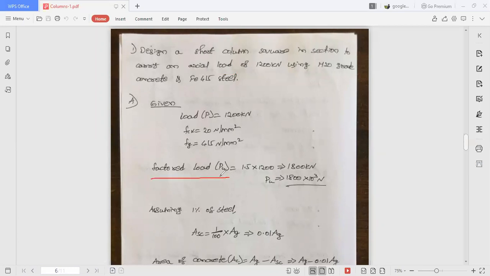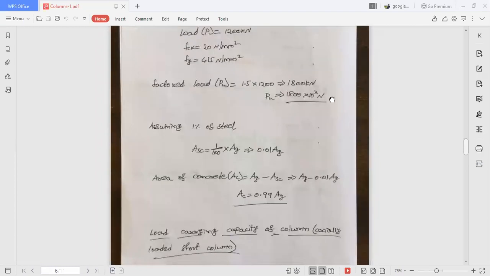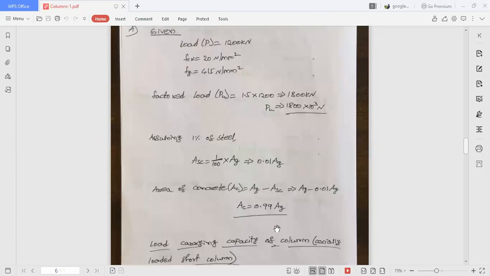Factored load is equal to 1.5 times the given working load of 1200. So we got 1800 kilonewtons, which in newtons is 1800 into 10 cube newtons. Whenever you are substituting anything in an equation, everything must be in the same units. That's why I'm writing in newtons here.